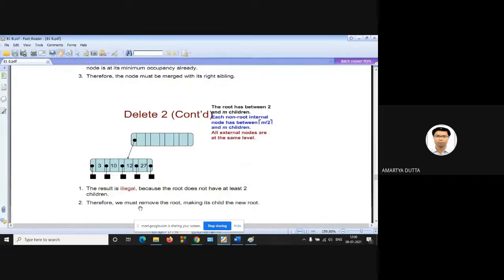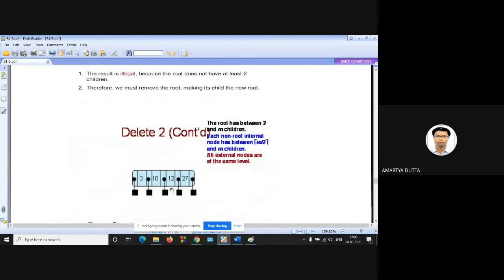So just delete this root and make this the new root. So this is your new root: 3, 10, 12, 27.